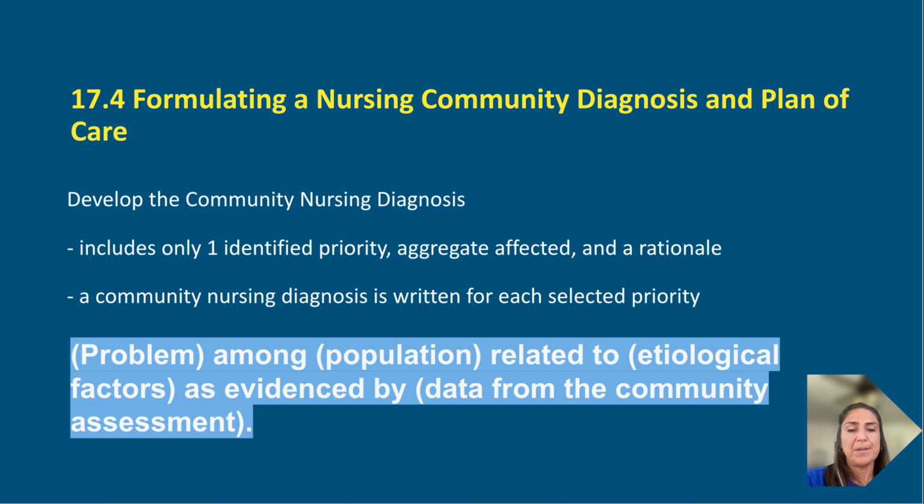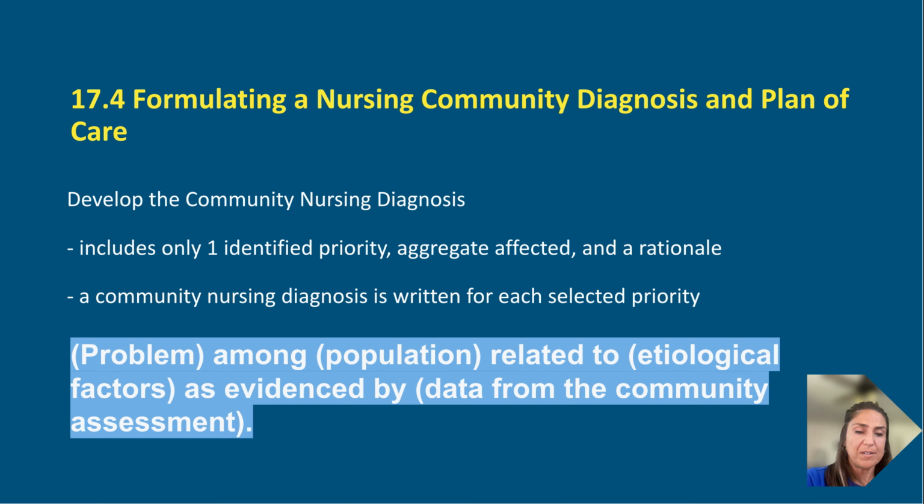From there, you're going to develop a nursing diagnosis. So after you've prioritized your health concern, you're going to look at your diagnosis. So each diagnosis should focus only on one individual problem. It must clearly state the aggregate affected. So in other words, the specific population and the rationale. So community diagnosis is written for each selected priority using the format of population. So you're going to look at the problem among what population is related to.